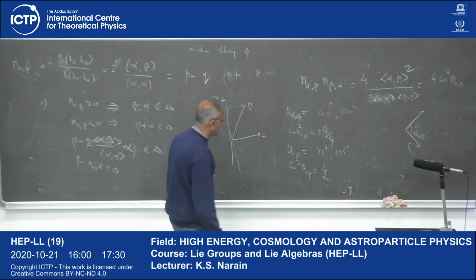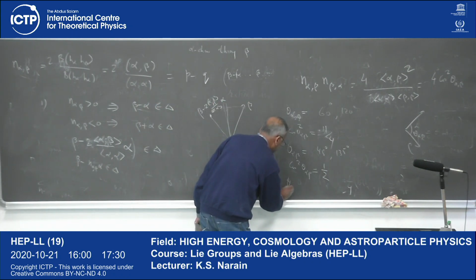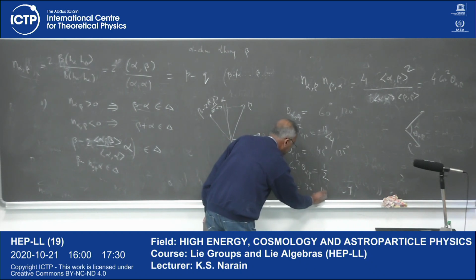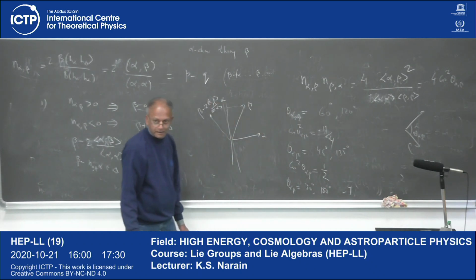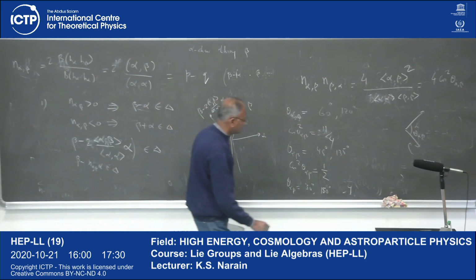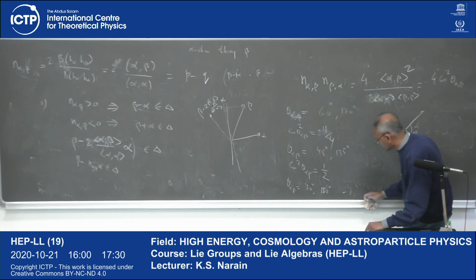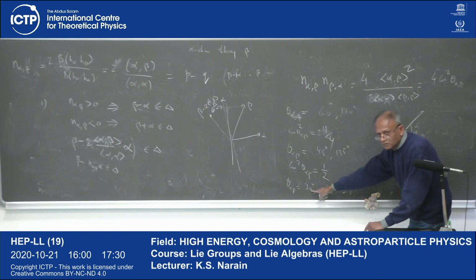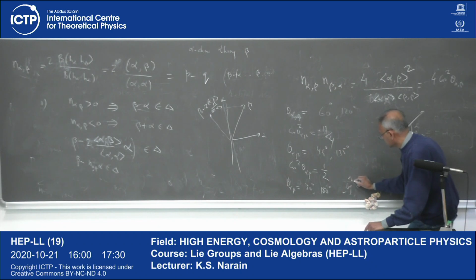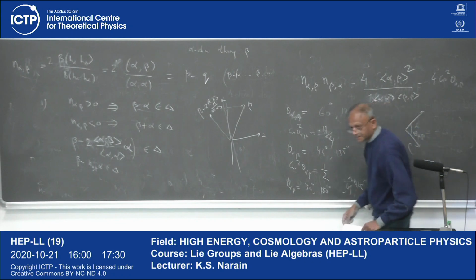And finally, we can also take theta alpha beta equal to 30 degrees or 150 degrees, which gives you cos square theta equal to 3/4, because cos of 30 is √3/2. So cos square theta alpha beta will be 3/4 in this case.